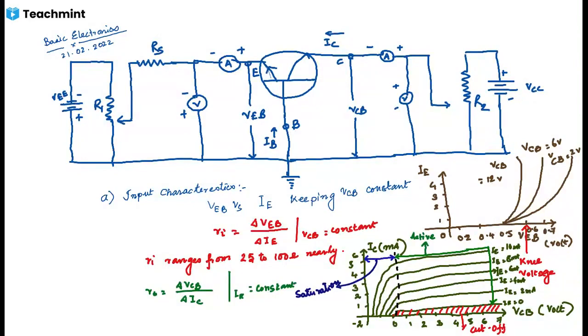Here del VCB and del IC are small changes in collector-to-base voltage and collector current.